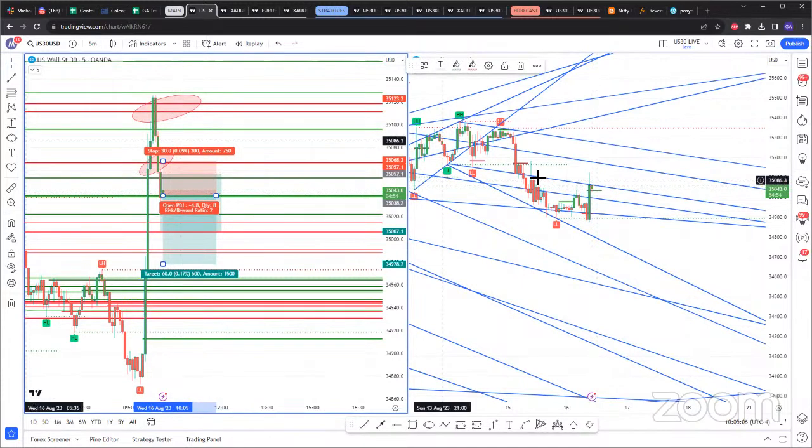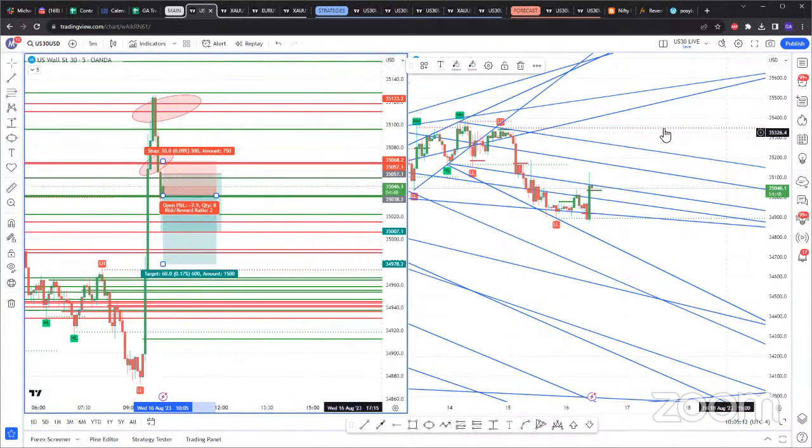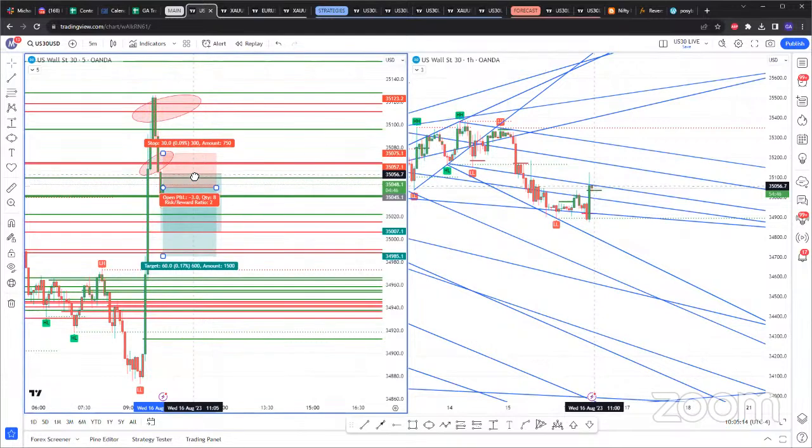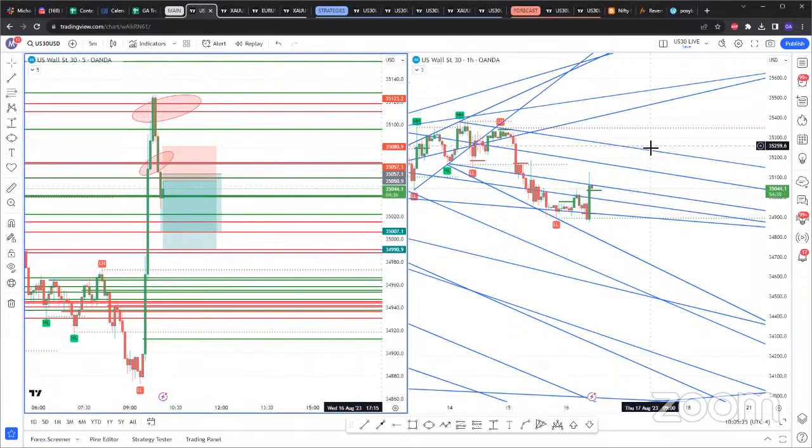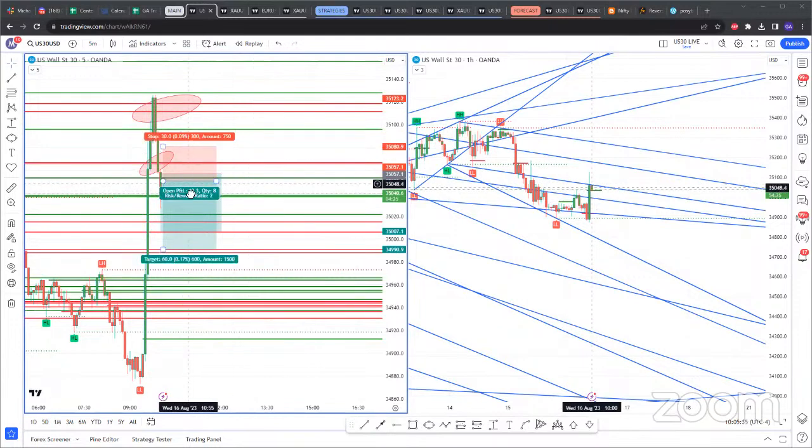Let me see. Give me 1 second. I want that to retrace a little bit more. I want to use a 50 pip stop for this. All right, so I entered that trade.